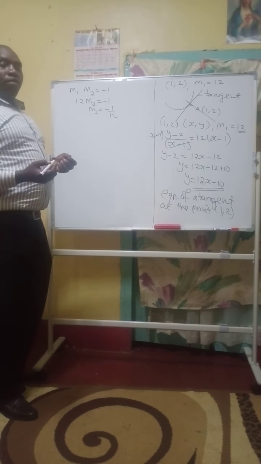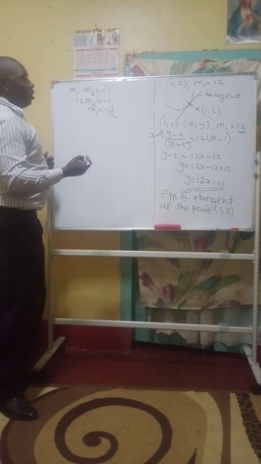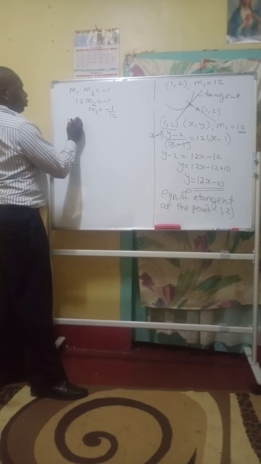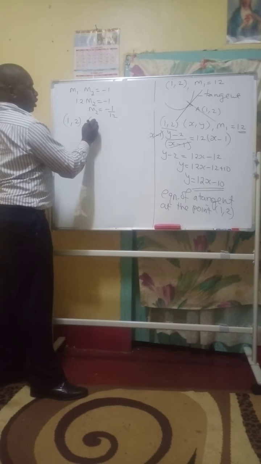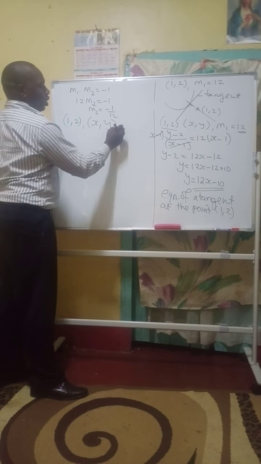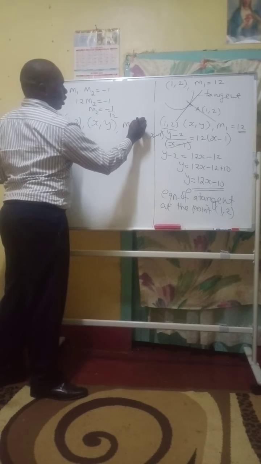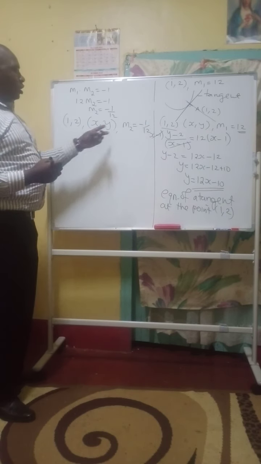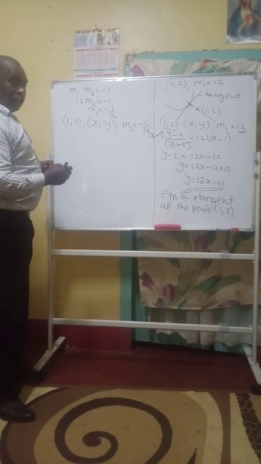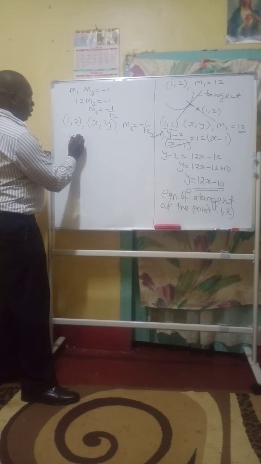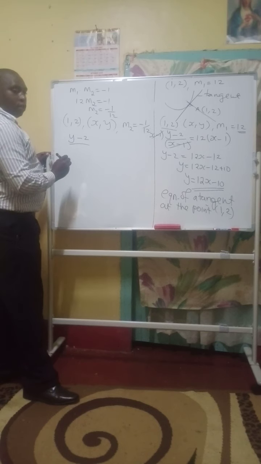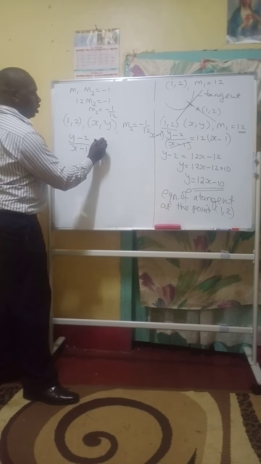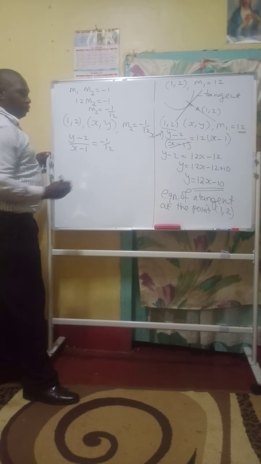Having determined the gradient of our normal line, we can now still use the same point of 1, 2. Then we pick a general point x, y, and we remember to use our gradient of our normal line, which we have already found as -1/12. And we say y minus 2, which is a change in y over change in x, which is x minus 1, should give us -1/12.